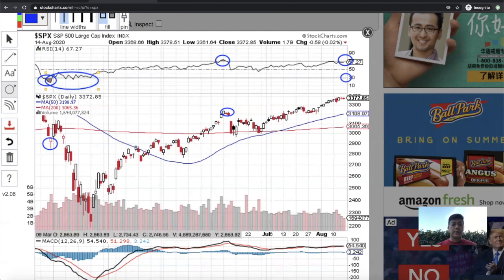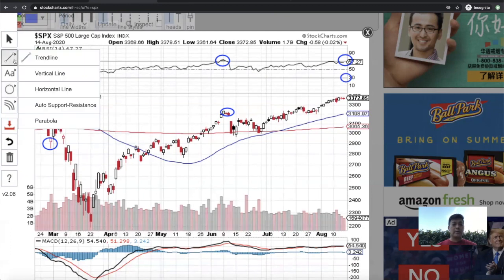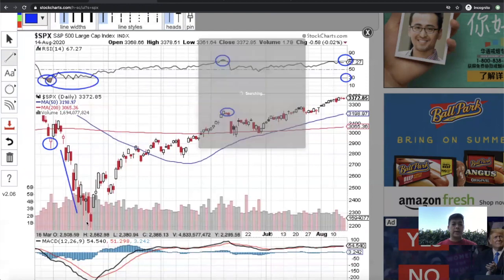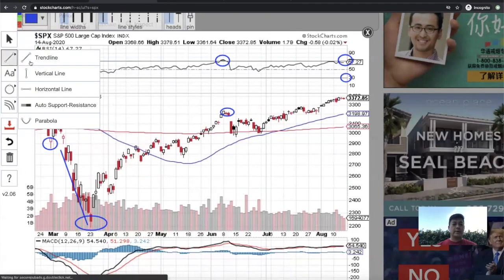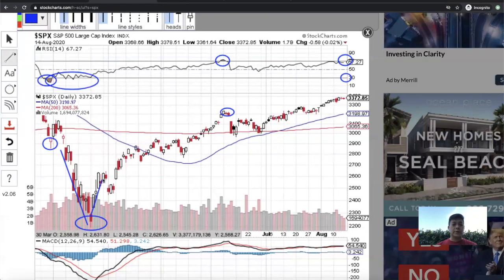As you can see, the market basically tanked from here, right? It kept tanking, and then after that found the bottom and started to rally up, right? Now, as you can see, pull back and then rally again.